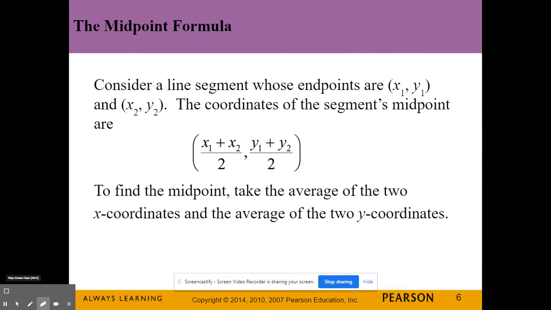All right, let's look at the midpoint formula. So essentially, you have 2 points. What's the midpoint between those points? You essentially are going to average the x coordinates and then average the y coordinates. So you add them together and divide by 2, and then you get 2 new coordinates. So let's take a look at an example.